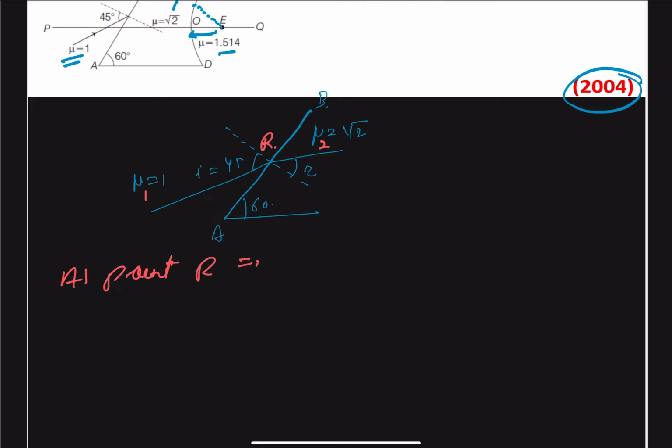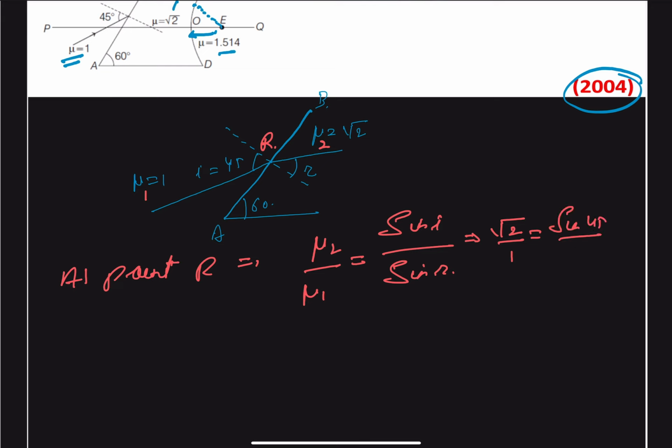So we can write that mu2 upon mu1 is equal to sine of I divided by sine of R. Mu2 is square root of 2, mu1 is 1, and we have sine of 45 divided by sine of R.